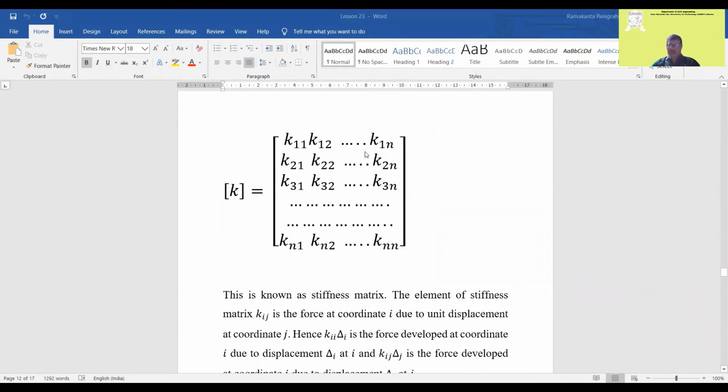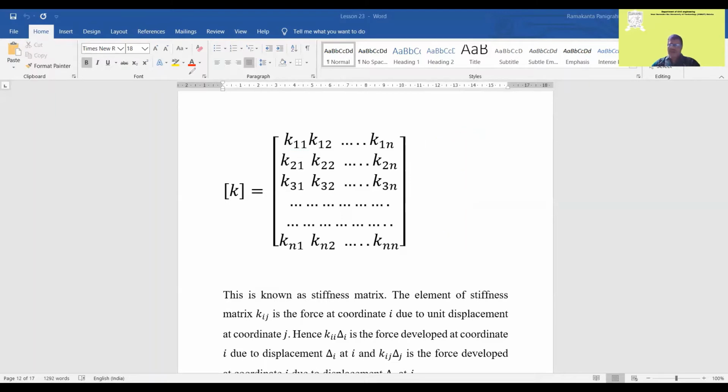If you write the displacement matrix like this, delta 1, delta 2, delta 3, the equation is K11 delta 1, K12 delta 2, K13 delta 3. Similarly, K21 delta 1, K22 delta 2. So by multiplying these values, we can write this down.